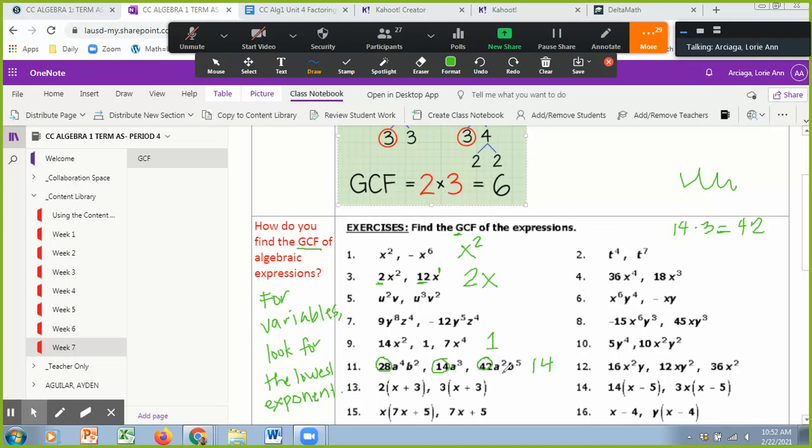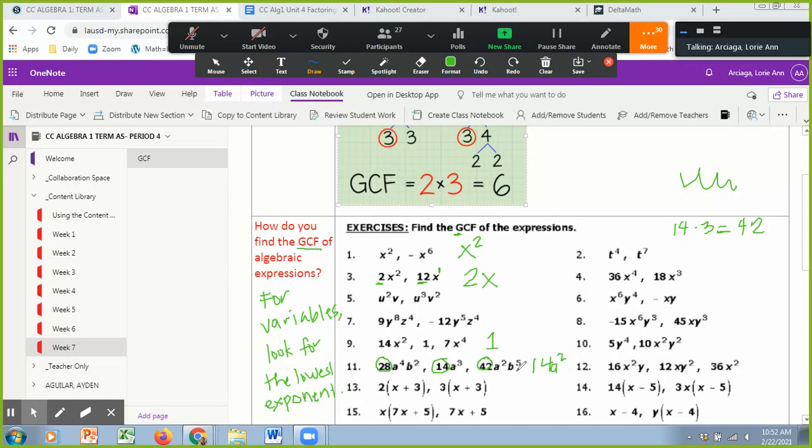Just look at them. Don't overthink it, you guys. Don't stress yourself out. You're just going to look for the answer in the given problem. So tell me, what's the lowest exponent of A? Anybody? 2. So that should be it.